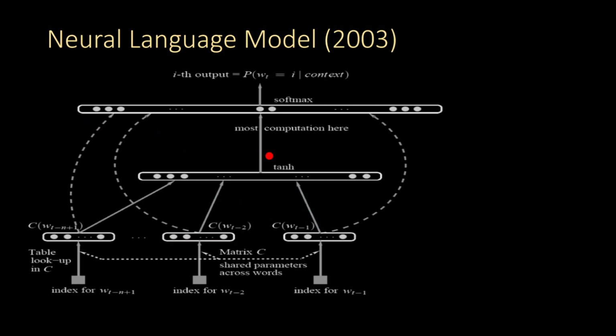And the rest of the processing will happen very similar to a multilayer perceptron, with the exception that there are optional skip connections from the word representation, so the projection here, all the way to the output layer, right before the softmax.